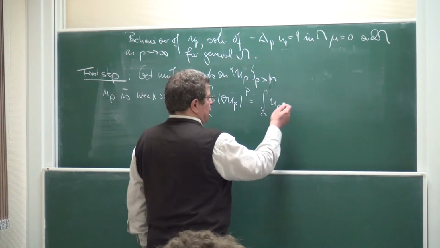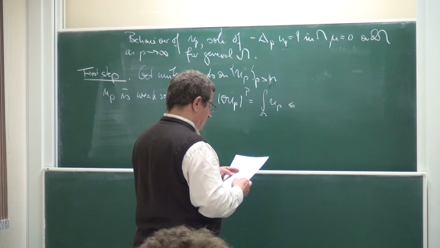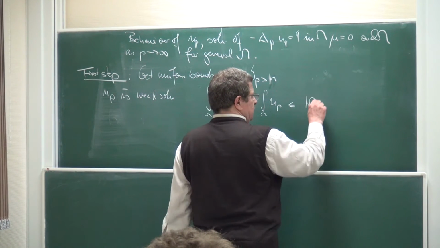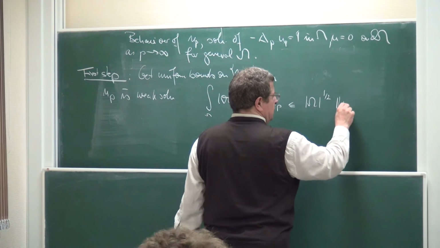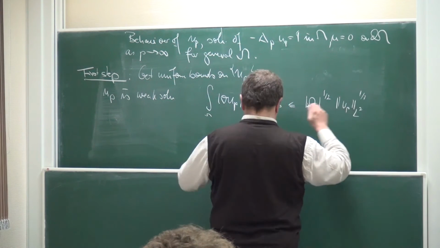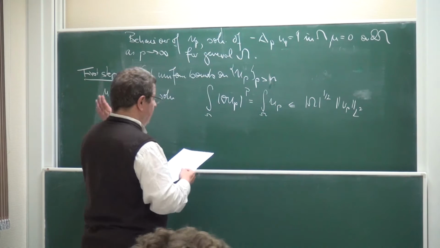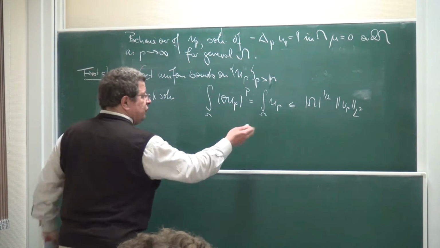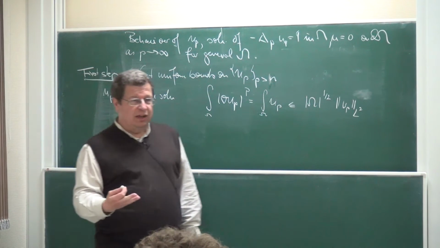So that's the L1 norm. I can estimate this by the L1 norm of u_p, and the L1 norm I can estimate by the L2 norm, so by Hölder's inequality, this is the L2 norm of u_p. Now the L2 norm of u_p I can estimate by the L2 norm of the gradient of u_p.